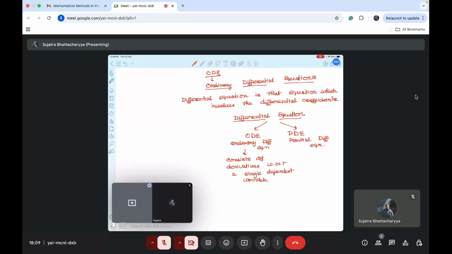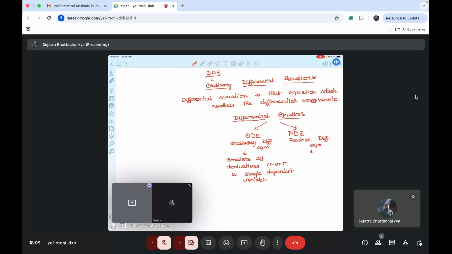These derivatives are nothing but an operator acting on a particular function, say y. Let y be a dependent variable which depends on an independent variable x. If y depends on x only, a single variable, then that is an ordinary differential equation. Whereas if it depends on more than one variable, then you call it a partial differential equation. This is the major difference.